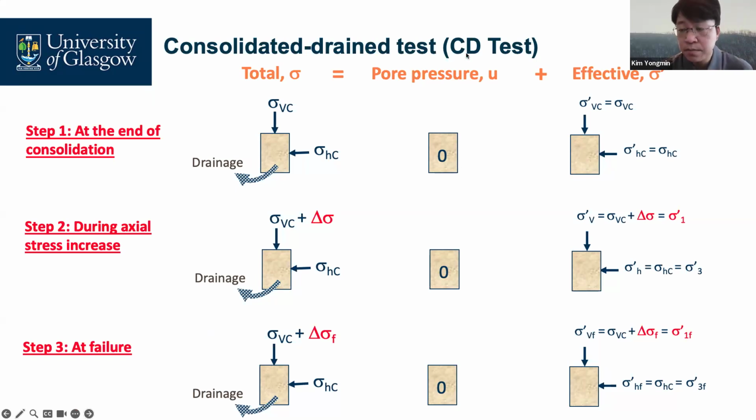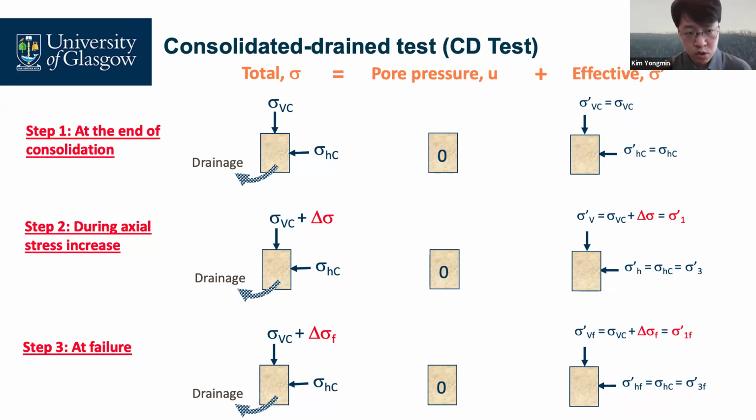CD means consolidated drained. It means our valve connected to the pore pressure channel is always open. It means that we probably can't measure pore pressure, but we can measure volume change.